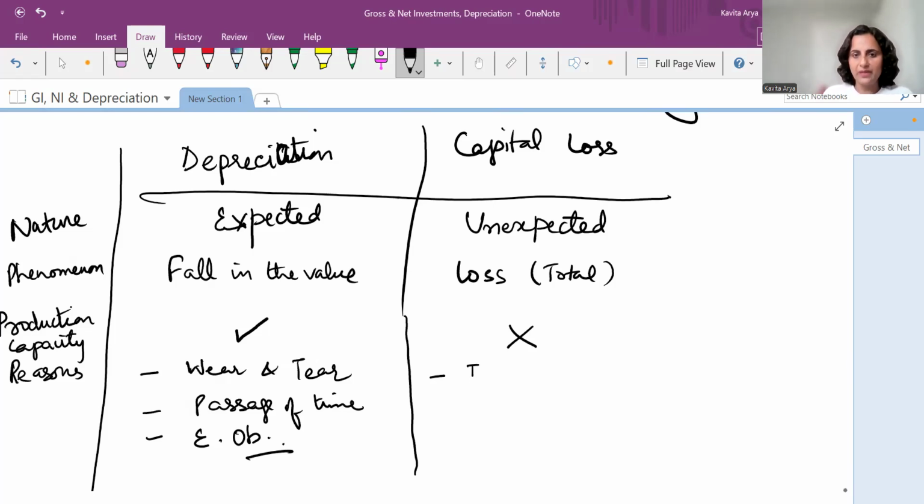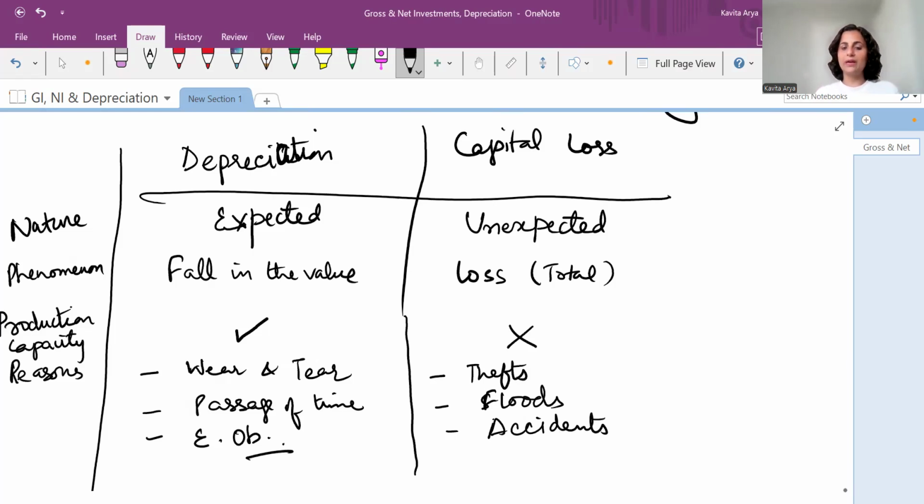But capital loss happens because of natural unexpected factors or other factors also. Like you may have thefts, a machine is stolen altogether. You may have a tsunami, floods, earthquakes, accidents, fire or something. So in such cases, you do not have the production capacity left with you. It's altogether shattered and ruined.